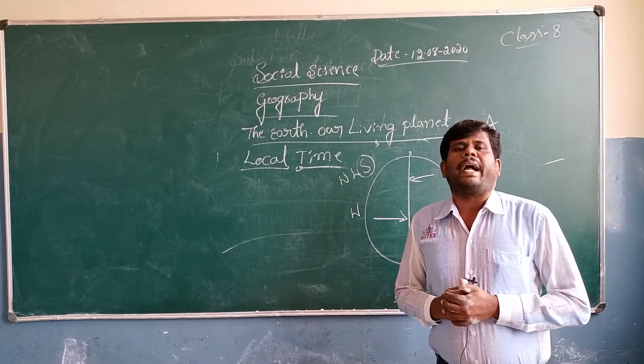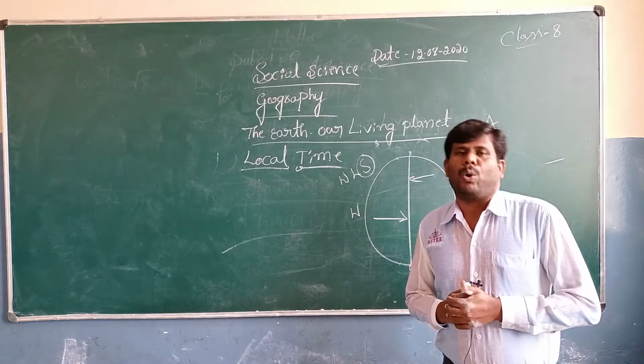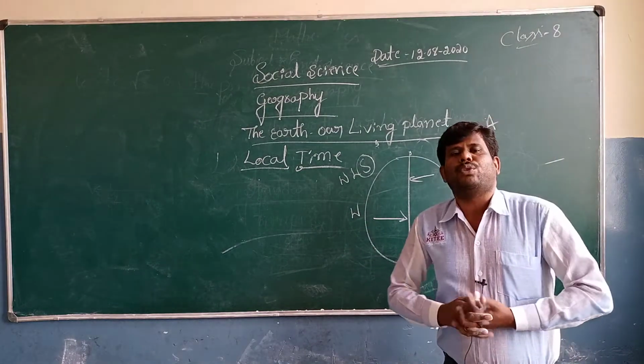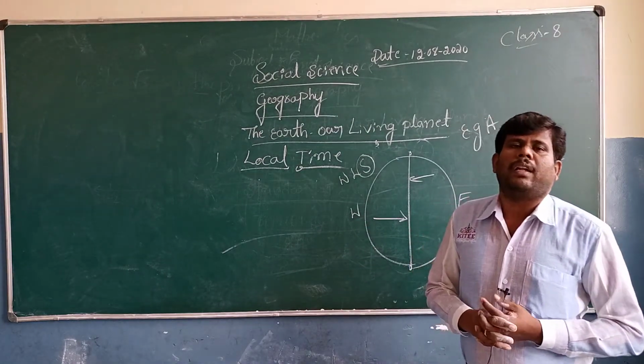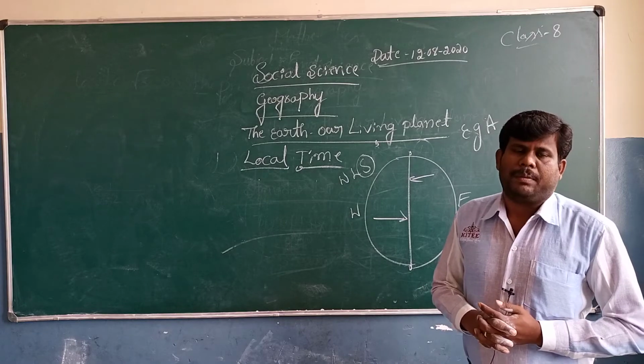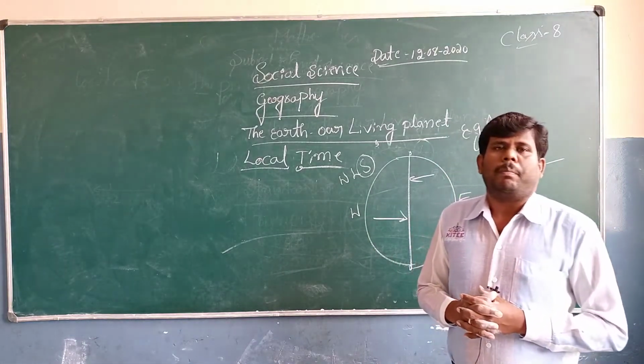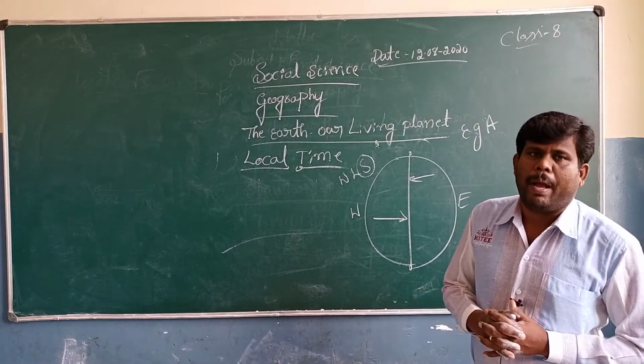Therefore, they converge at the poles. The distance between two longitudes at the equator is 111 kilometers. Right? The longitudes are marked on the globe or a map.